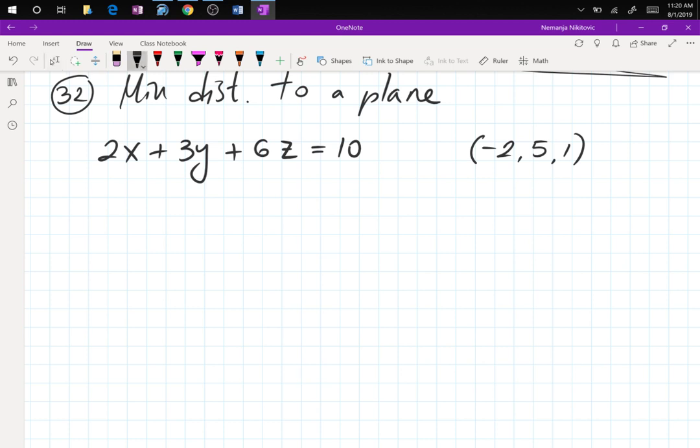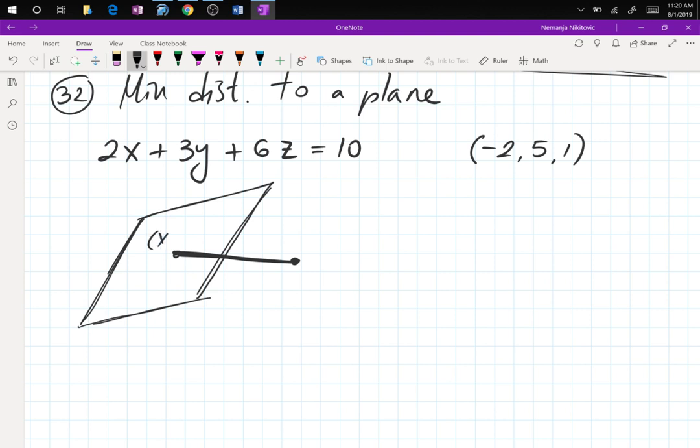So to understand this, we can just sketch a plane in space and a point in space, and then the line that connects.